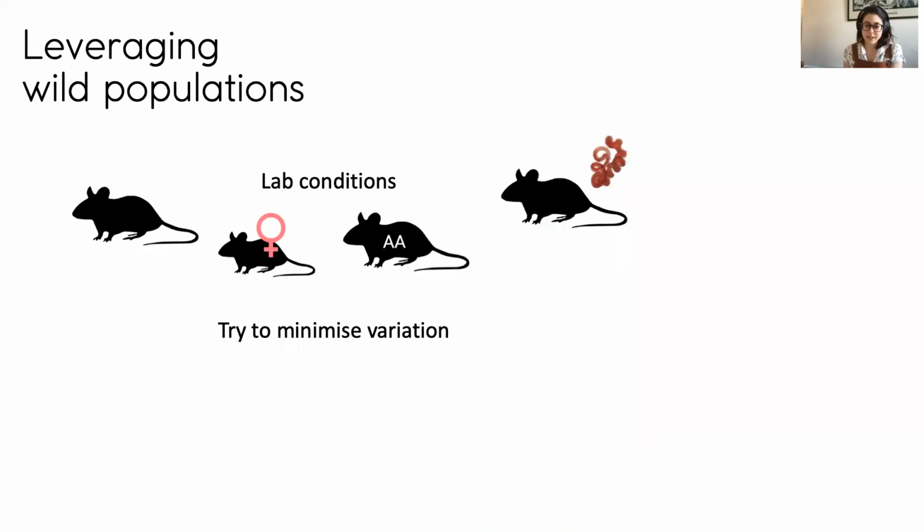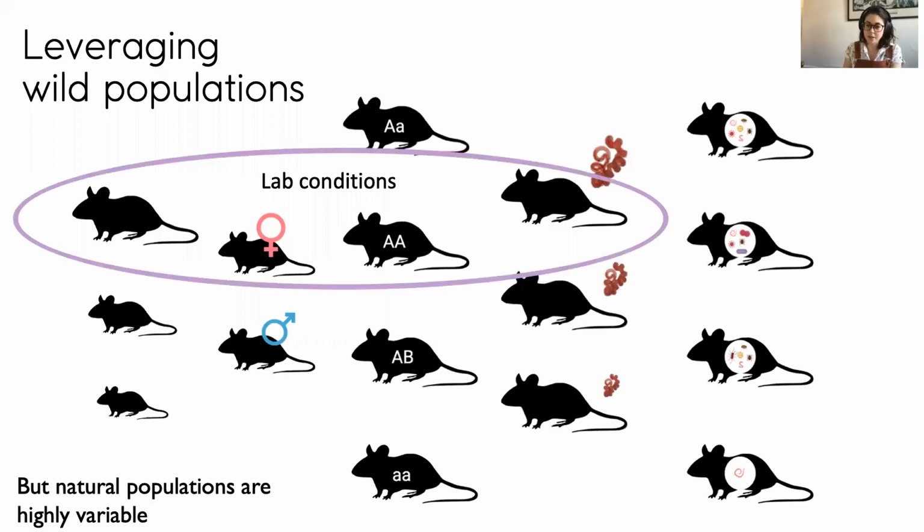Most laboratory studies, understandably, want to minimize variation. So they often use a single age, a single sex, often a single genotype, and a standardized exposure to the parasite in question. But when we go out into the wild, we really find that there's a huge range of the factors that are controlled in the laboratory. So we have a range of ages, of course, different sexes, genotypic variation.